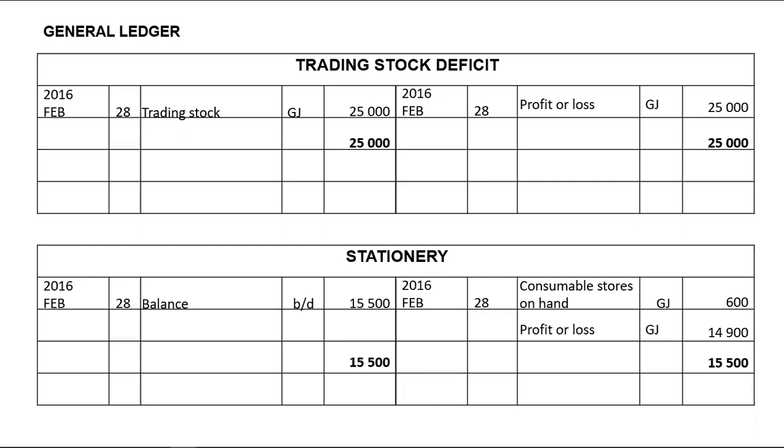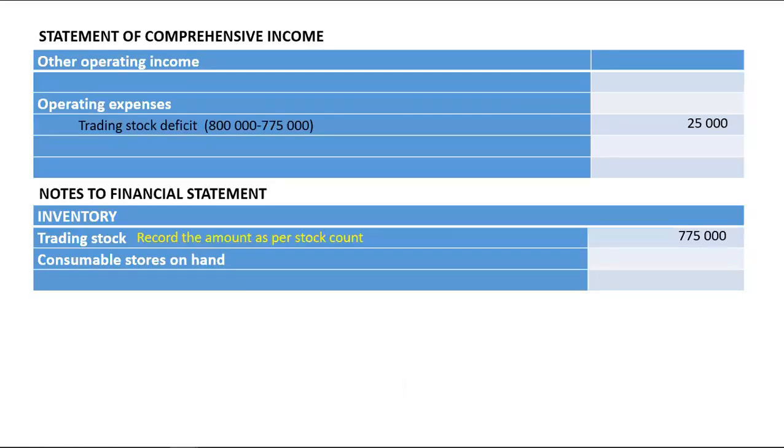Now I'm going to record that stationery under statement of profit or loss and other comprehensive income. I will simply write under operating expenses. It will be stationery. And I took that 15,500. I'm minusing the 600 because I said the 600 was not used. Net purchases minus what was not used, which is that 600. I will be left with an expense.